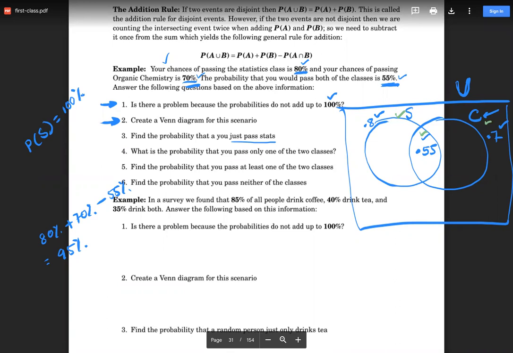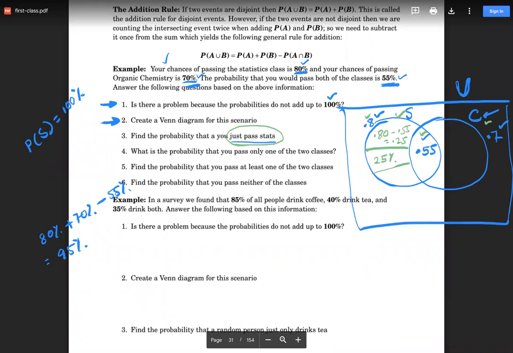Chemistry. But we don't want the chemistry part. We want the statistics part. So how do I find this region? It's 80% minus 0.55. So 0.80 minus 0.55 is 0.25. Or there is a 25% chance that you will pass only statistics, just statistics.